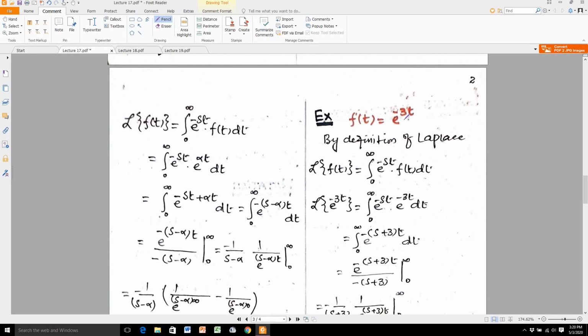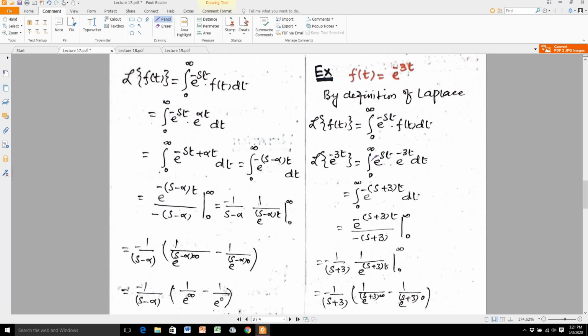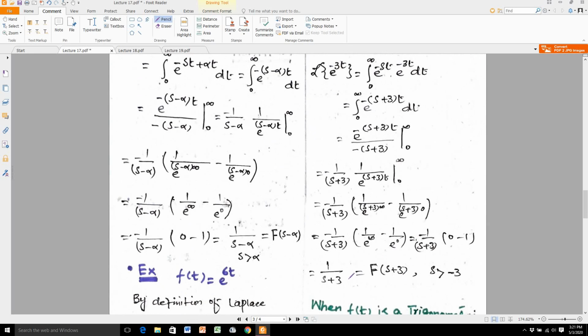Here the value of alpha is minus 3, so you substitute directly alpha equal to minus 3. Then your answer is equal to 1 over s plus 3. Here, 1 over s plus 3 is equal to F of s plus 3, where s is greater than minus 3.